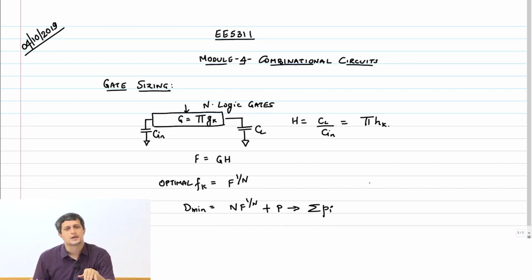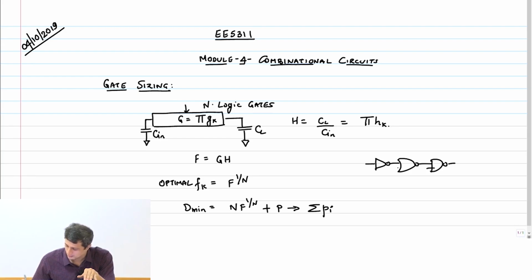So we did some examples, and in one particular example, we took an inverter, a NOR, and then a NAND, both two input, and a final inverter, and then we made it drive a very large load capacitance, assuming that this is a 1x capacitance.